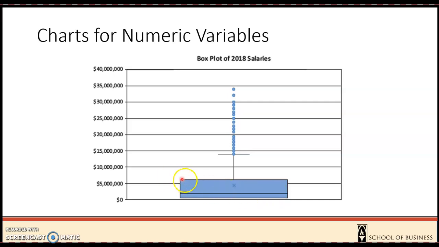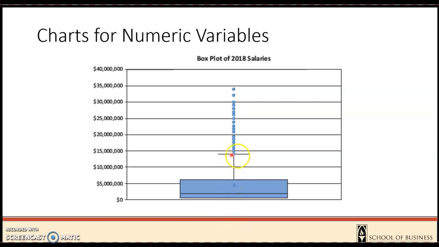The top line is the third quartile. So this box itself represents the interquartile range. The X in here represents the average of everything. And this straight line is our 50th percentile, our median, so there are just as many instances below this line as there are above it.